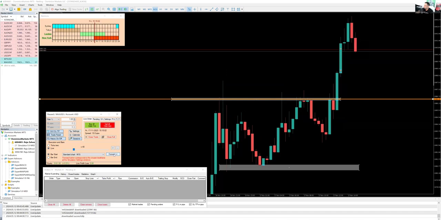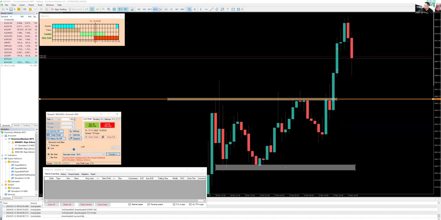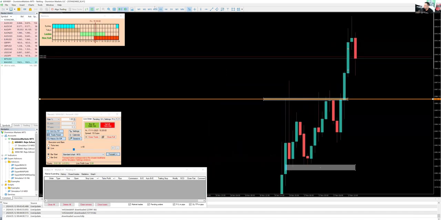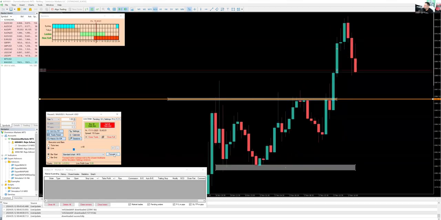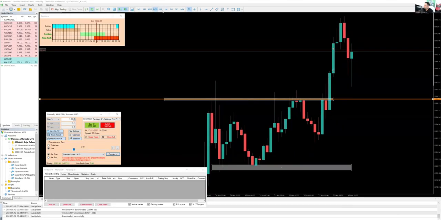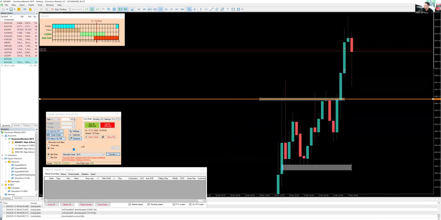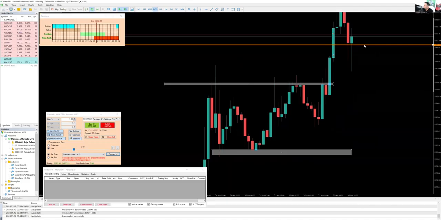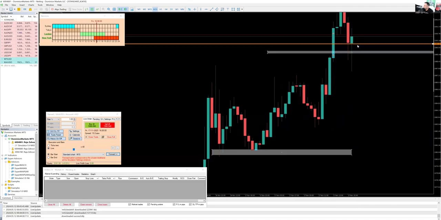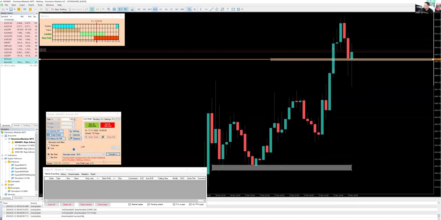If we can find a support to form, look at that. Rejecting beautifully, very nice. 15-minute candle rejecting here as well. 1 hour candle is rejecting, beautiful. The 30-minute candle, maybe we are forming some sort of a support. Now we just need a candle to close below this area very nicely.